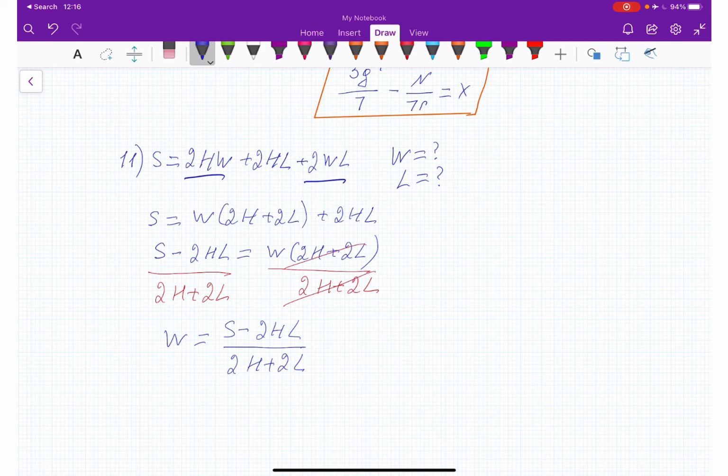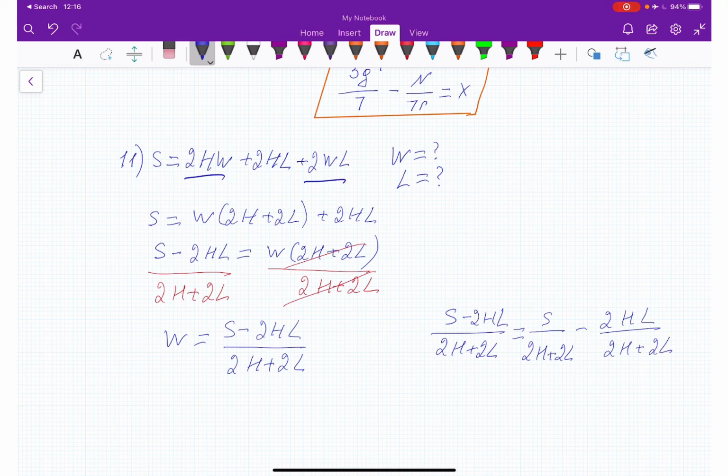Okay, now in this formula I cannot cancel H under no circumstances, even if I would separate. Why? Let me show you. S minus 2HL over 2H plus 2L. Denominator is 2H plus 2L, so 2L I cannot separate from 2H. Therefore, it's going to be equal to S over 2H plus 2L, and then minus 2HL over 2H plus 2L.